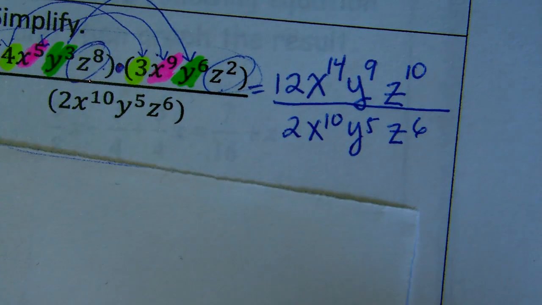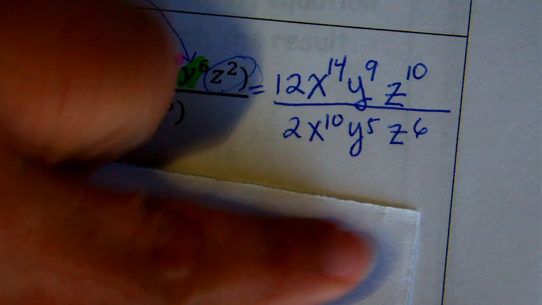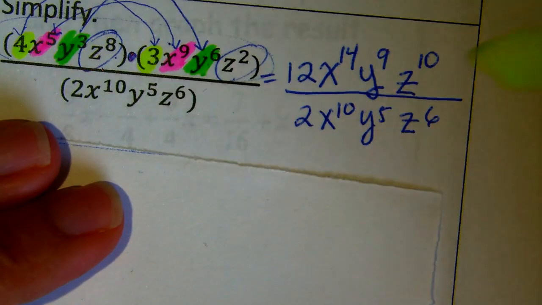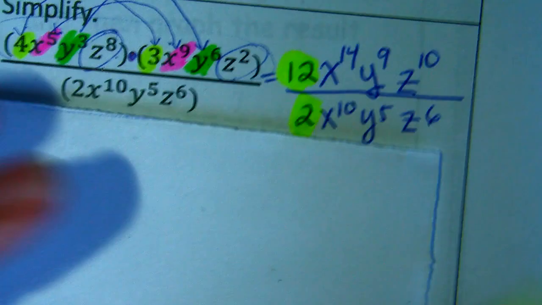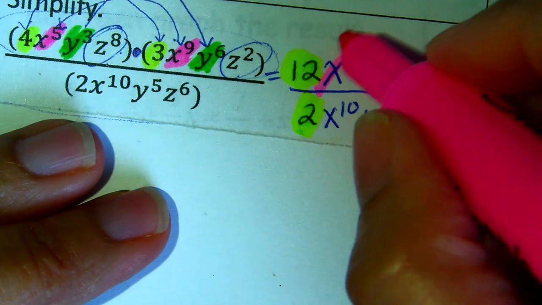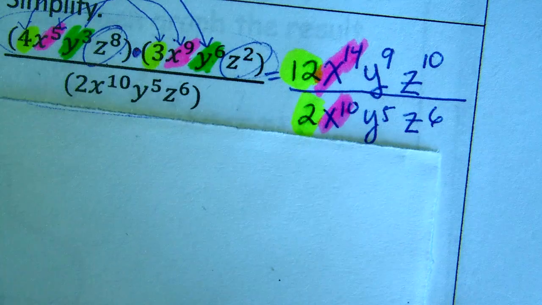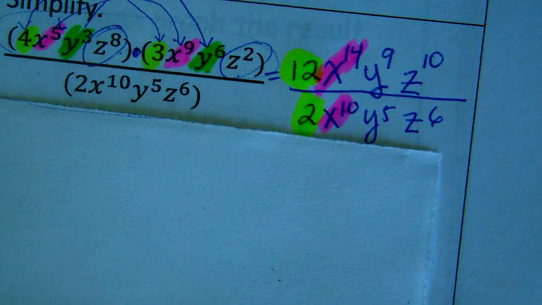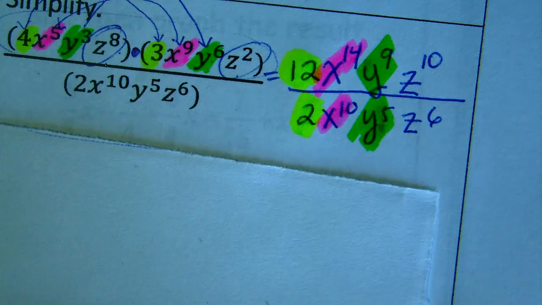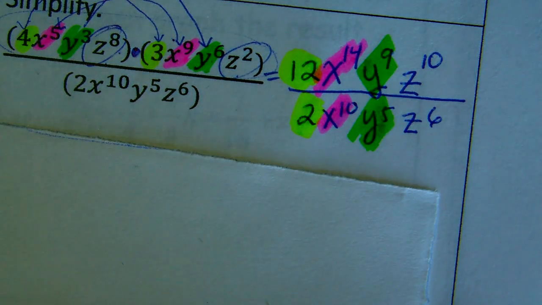So with this part of the answer, we haven't finished yet. I'm going to highlight the coefficients again. Now, if you don't have highlighters, don't worry. I'm highlighting for the purpose of you identifying the variables, okay?